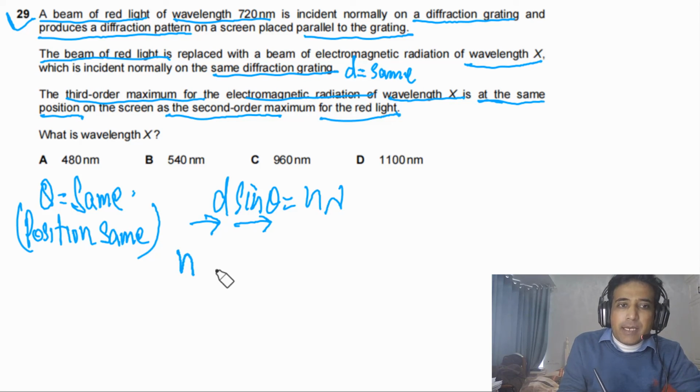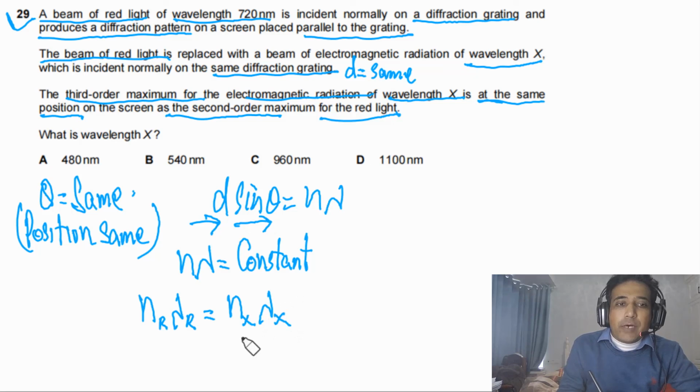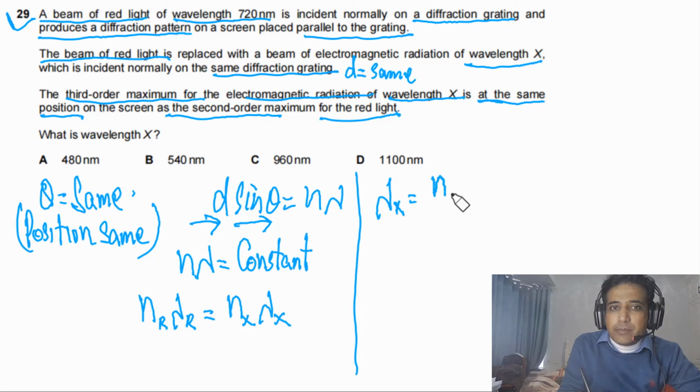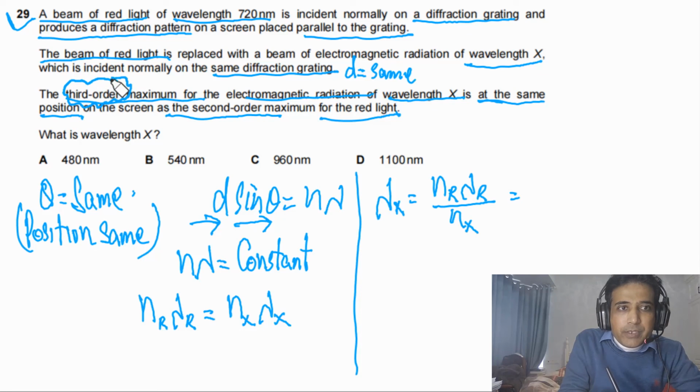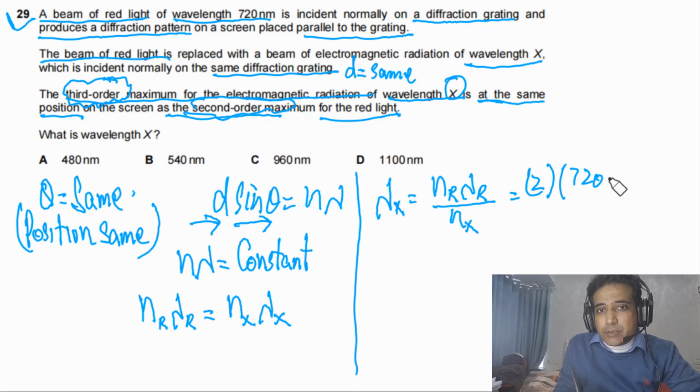So what does it mean? It means that the product of n, the fringe order, and lambda is constant for red light and also for X. So n of red times lambda of red is equal to n of X times lambda of X. We need to find lambda X. So lambda X will be equal to n for red light times lambda of the red light divided by n for X. We have third order for X and second order for the red, so we have 2 here, and the wavelength of red light is given, that is 720 nanometers.